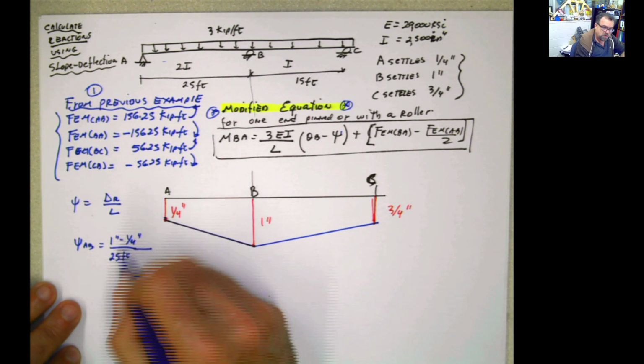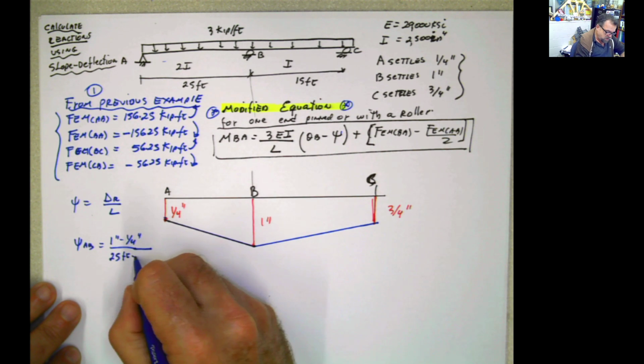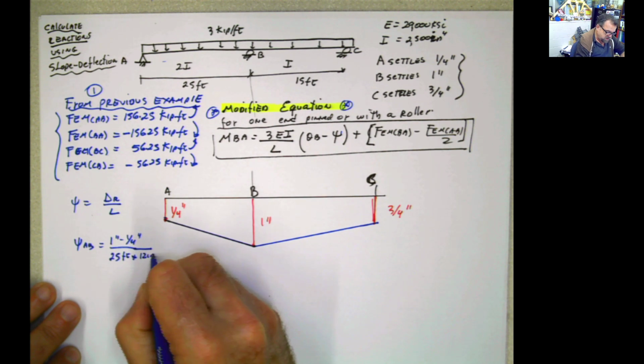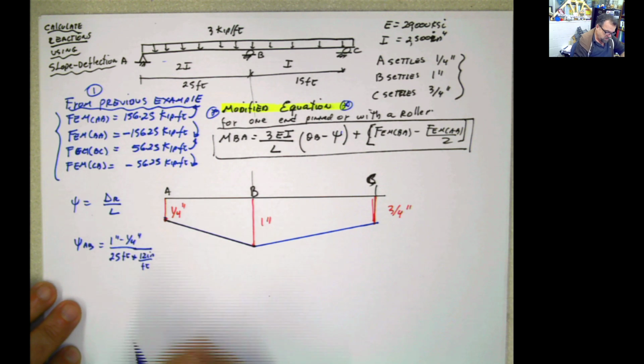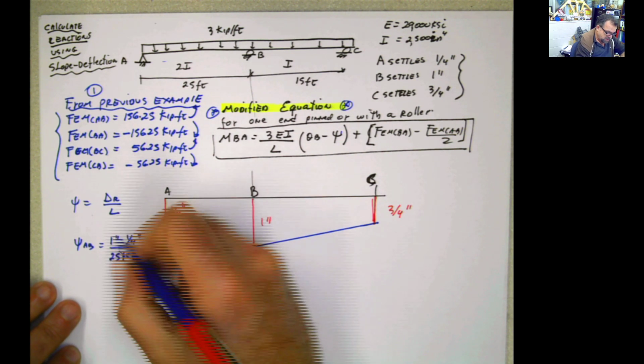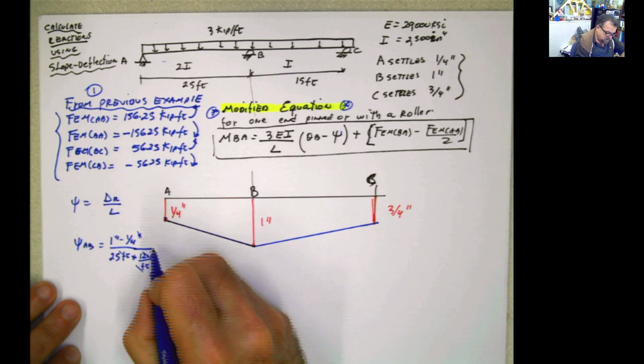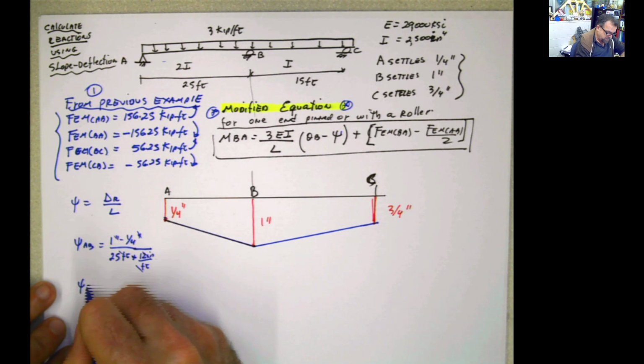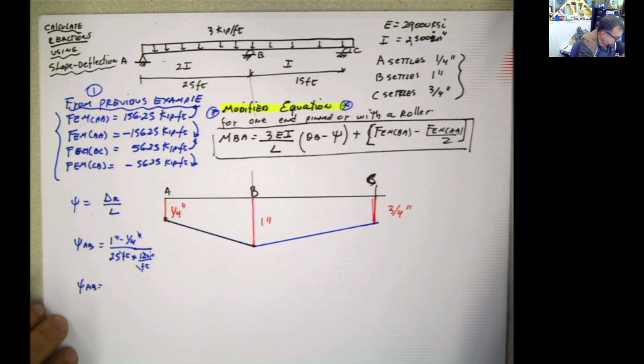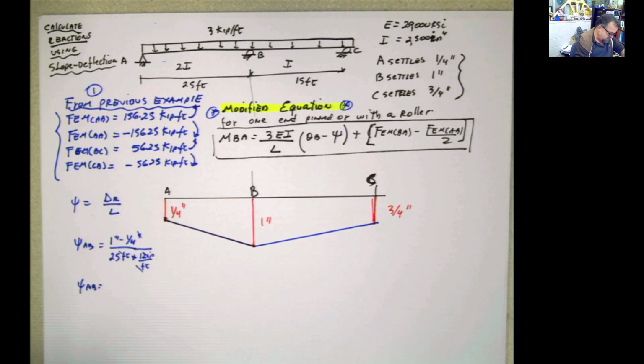We need to keep the units homogeneous, so I multiply by 12 inches in every foot, and the units cancel out. Then psi AB is 0.75 divided by 25 and divided by 12.